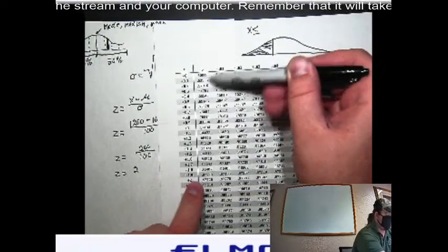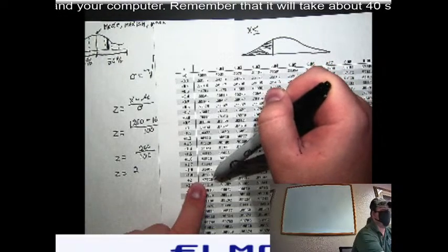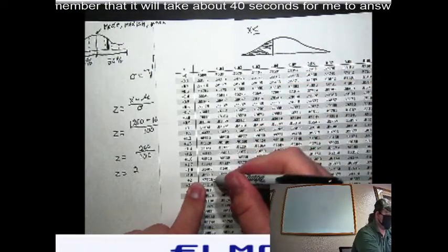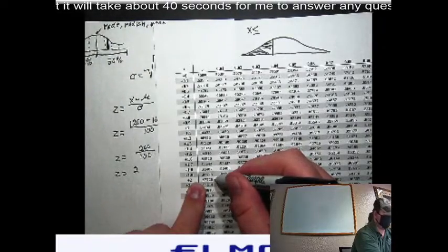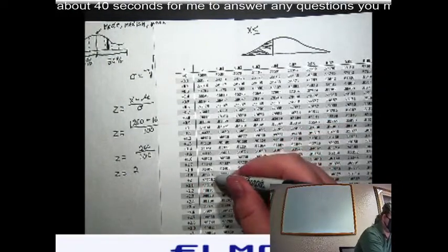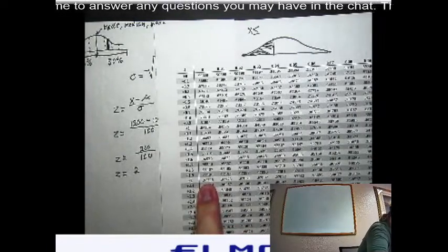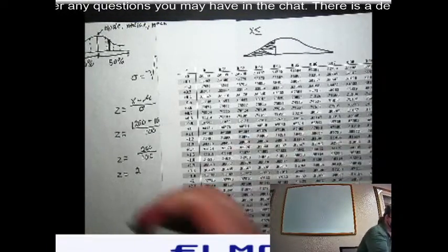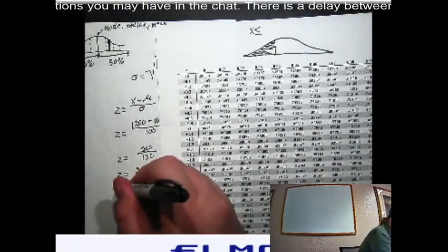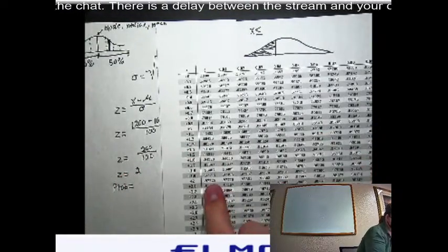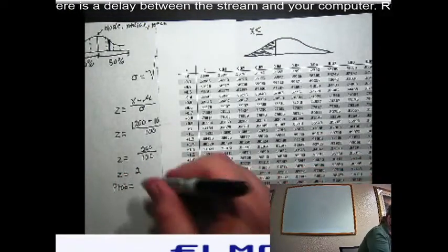Then we line them up, and they intersect right here. This is our probability. So this number right here is 0.97725. Let's write that down. Probability equals 0.97725.